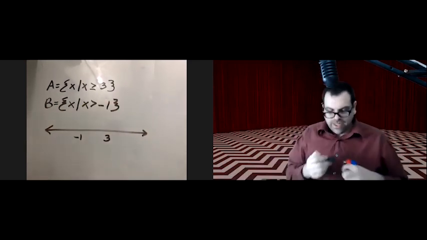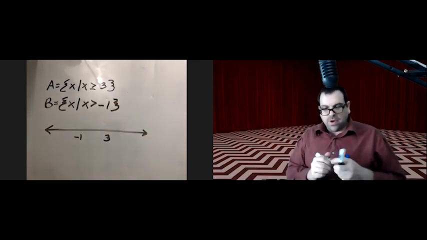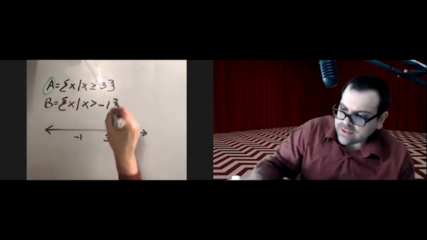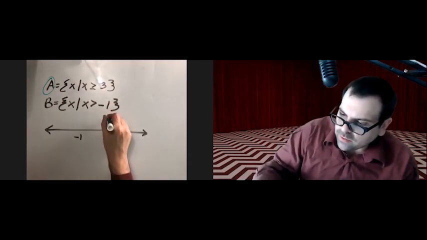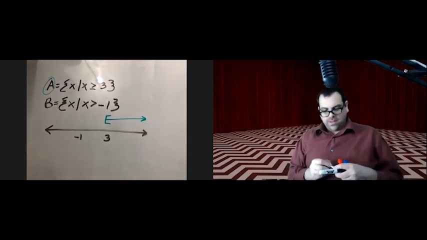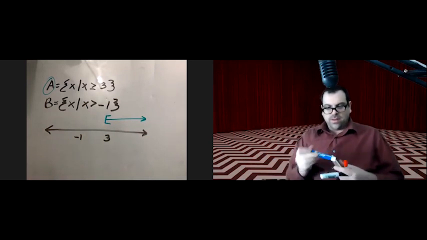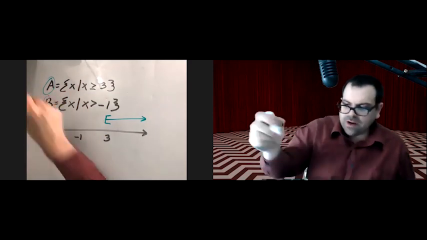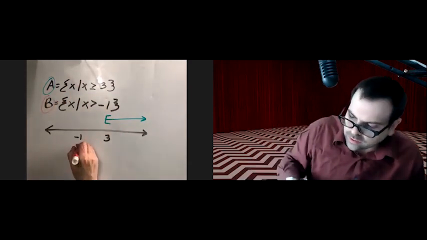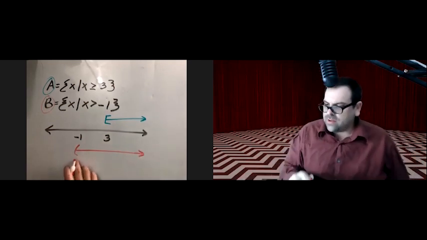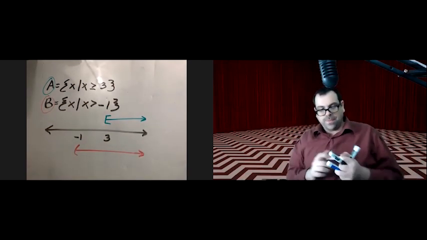We would need 3. I'm going to go ahead and graph A. A is x is greater than or equal to 3. I'm going to use red for B, greater than negative 1, parenthesis there.